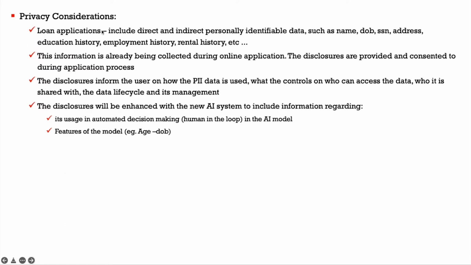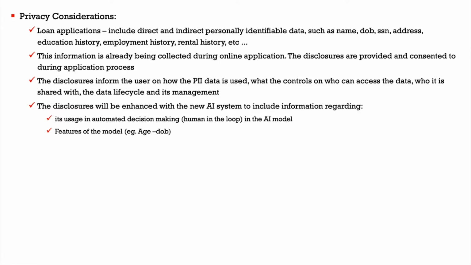Loan applications inherently include personally identifiable data such as name, date of birth, SSN, address, education history, employment history, rental history. This information is already being collected currently, even when there is no ML system involved.